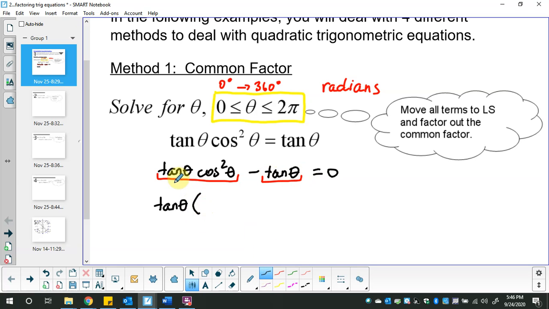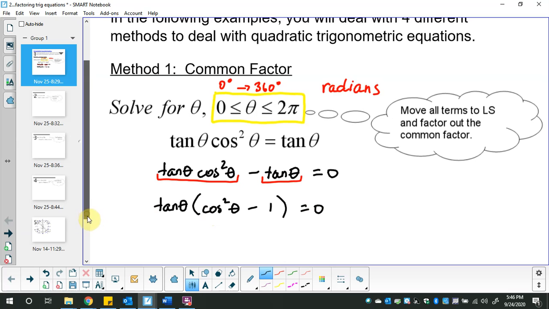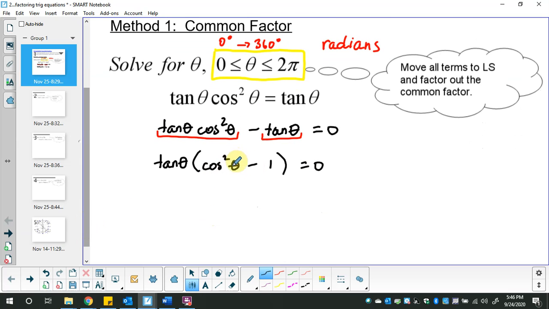When you common factor the tan theta, you're left with cos squared theta from the first term minus 1 as a placeholder for the second term equals 0. And some of you might recognize that cos squared theta minus 1 is a difference of squares. So we could take that down to cos theta.